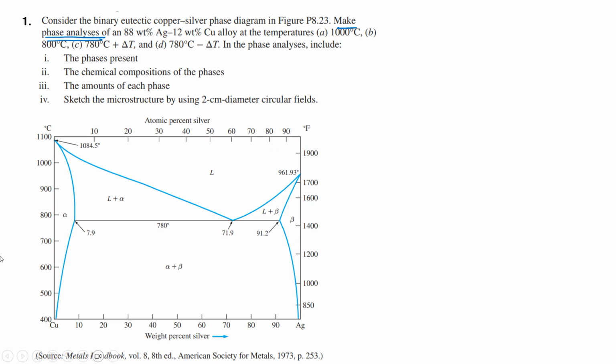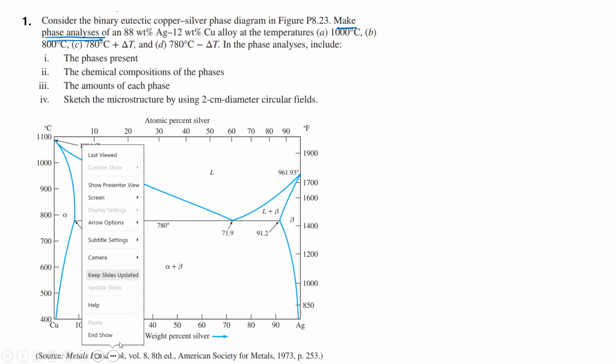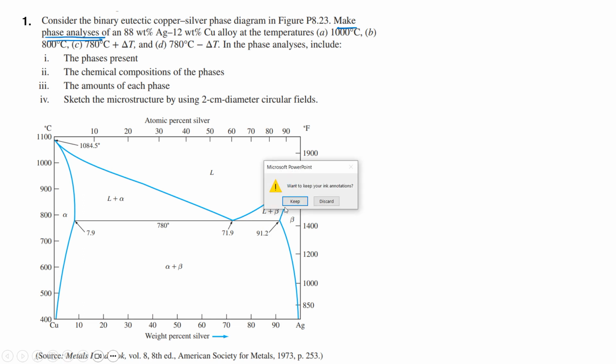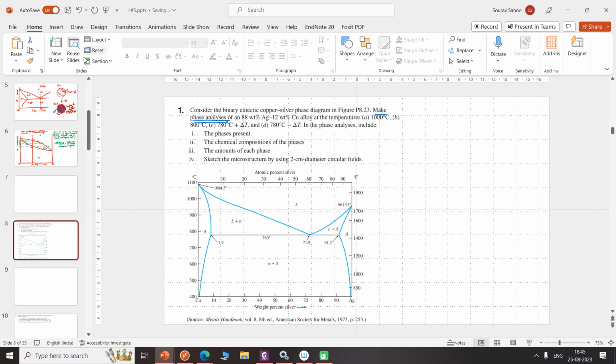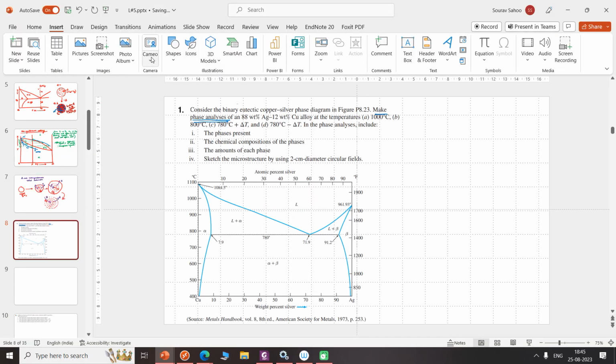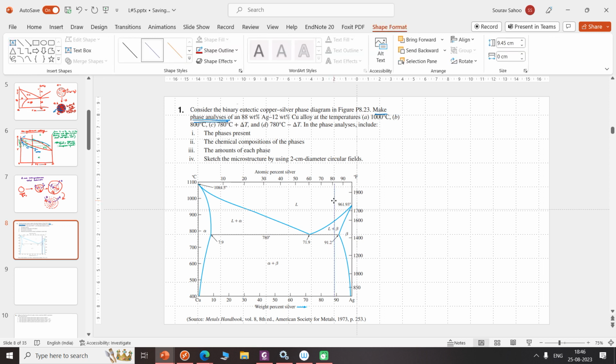So we'll draw a line near 88, which will represent the composition that we are targeting. So 88 will be much closer, somewhere here, right?